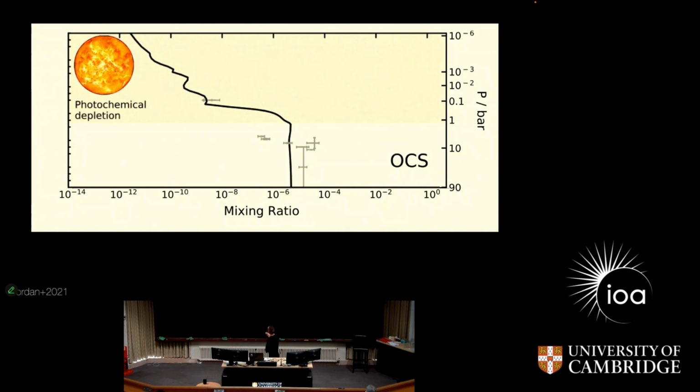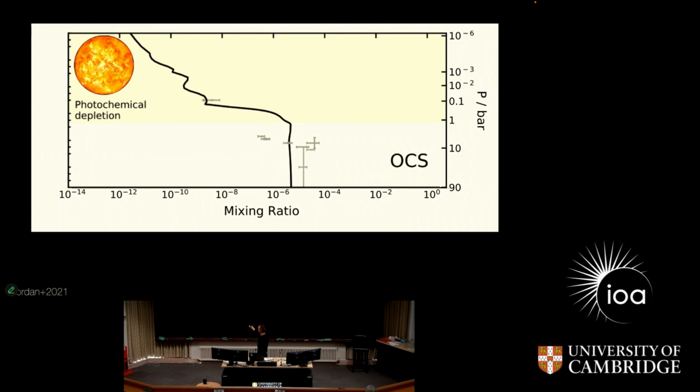Now, what this looks like, if you perform a calculation or look at the data for Venus, these grey squares, in this case looking at carbonyl sulfide, is that you've got quite high mixing ratios of these spectrally active species near the surface that are then very rapidly depleted by orders of magnitude when you get up into the photochemical region. And that's because of the bright UV illumination of Venus by our fairly hot star.